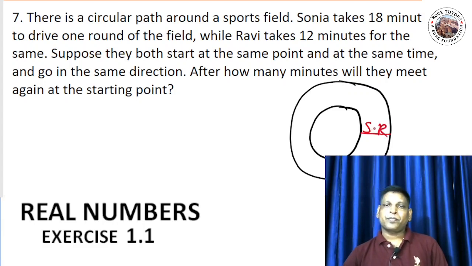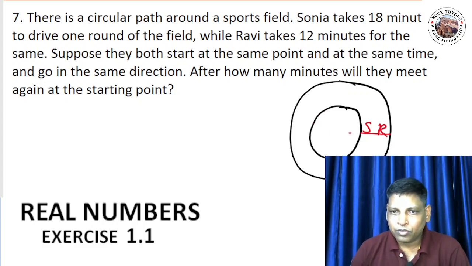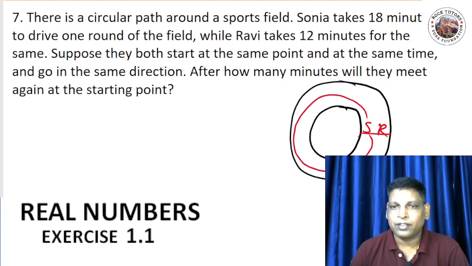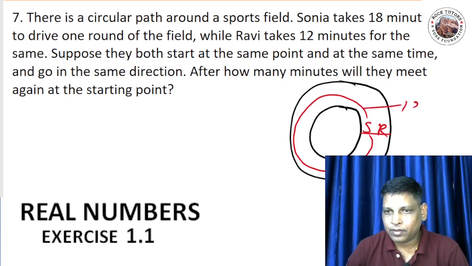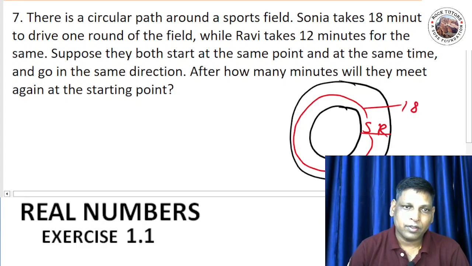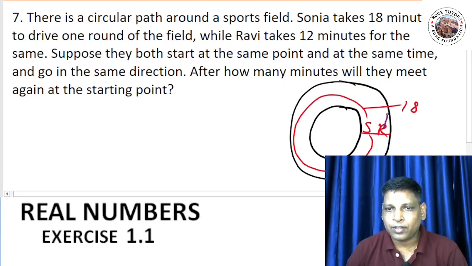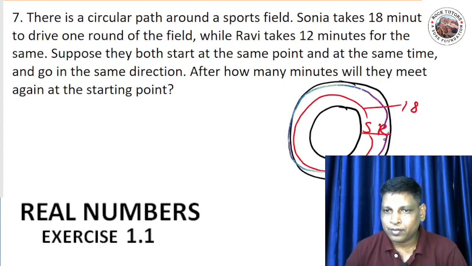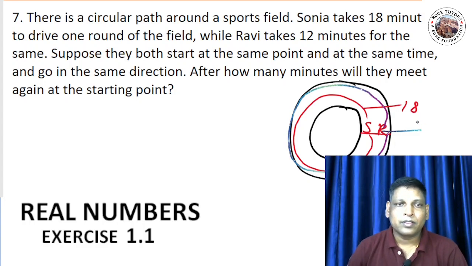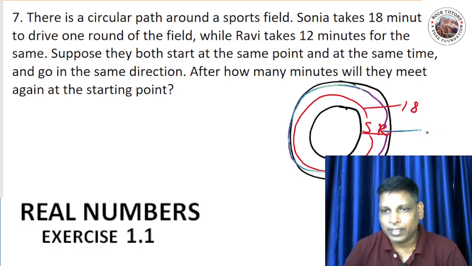For Sonia to complete one round, she takes 18 minutes, from starting here and reaching here again. For Ravi to complete one round, the time is 12 minutes.